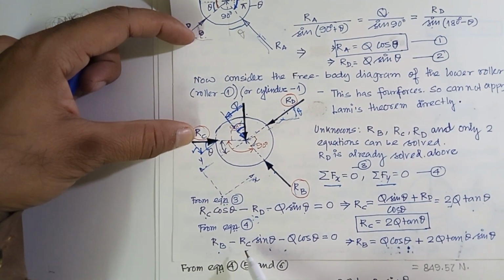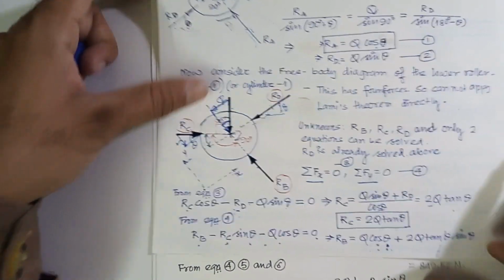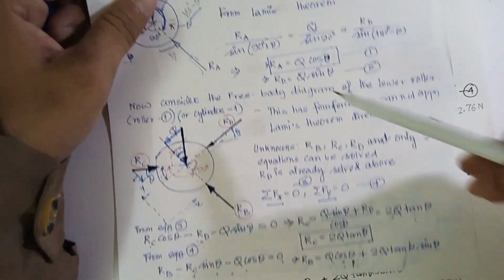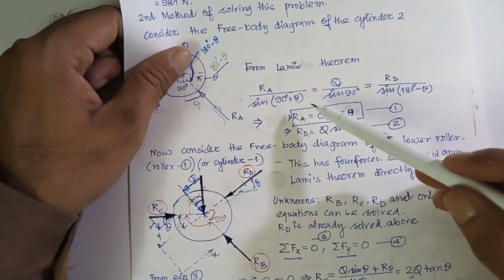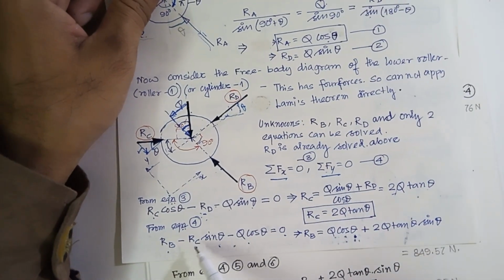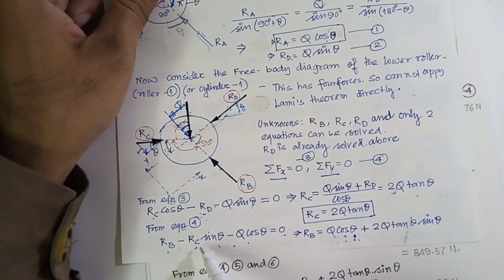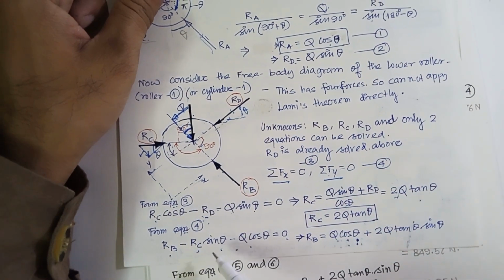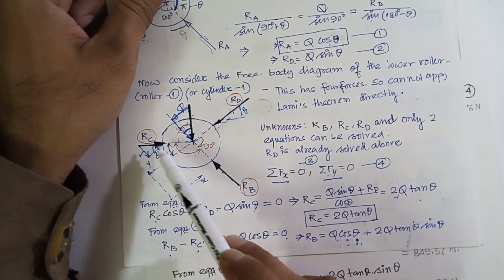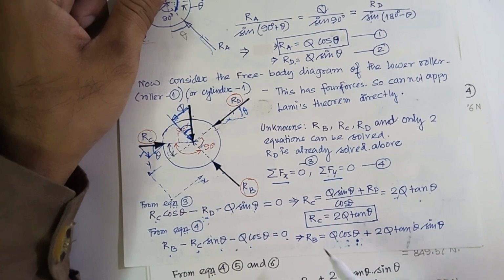Therefore RB minus RC sin theta minus Q cos theta is equal to 0. Since we have already determined RA and RC, RA is not needed, RC is already known, so RB can be determined.